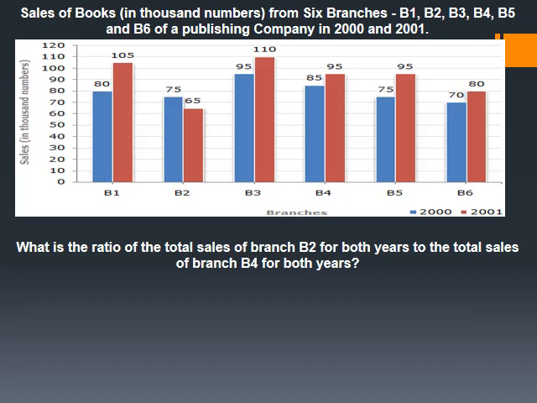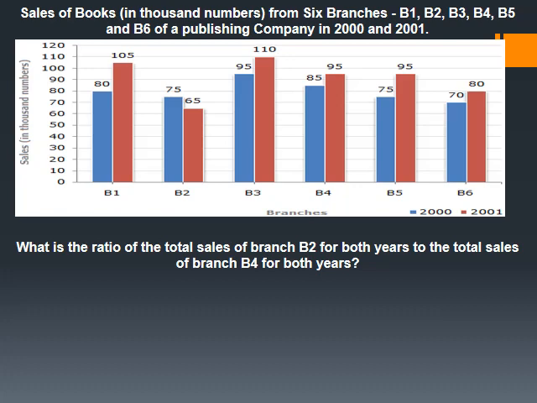For B2 we have the numbers 75 and 65, and for B4 we have 85 and 95. So add 75 and 65 to get the total sales of B2. Add 85 and 95 to get the total sales of B4. And you divide B2 sales by B4.